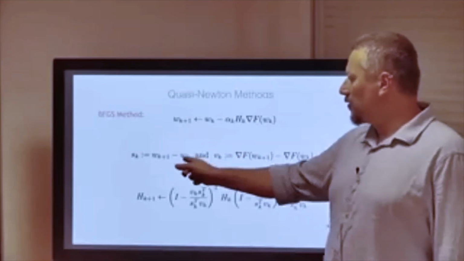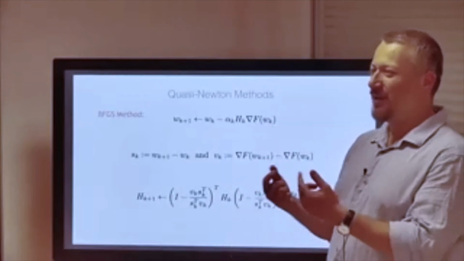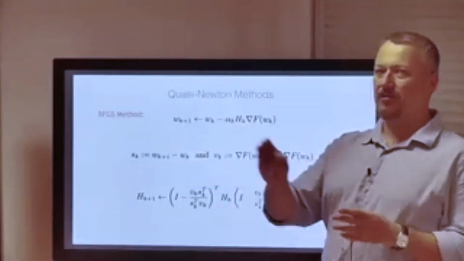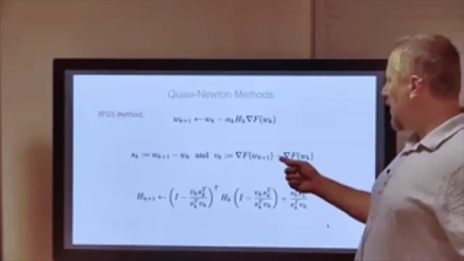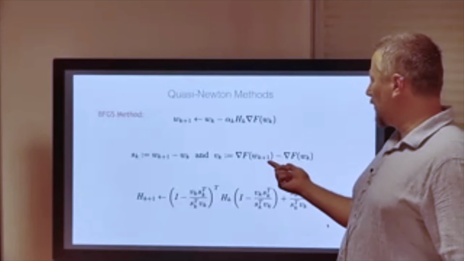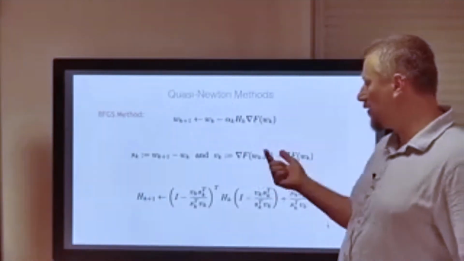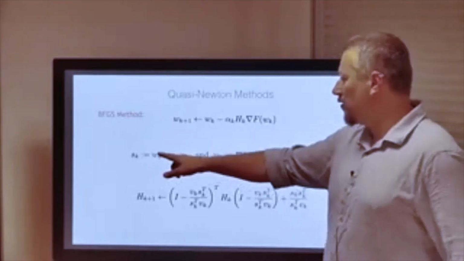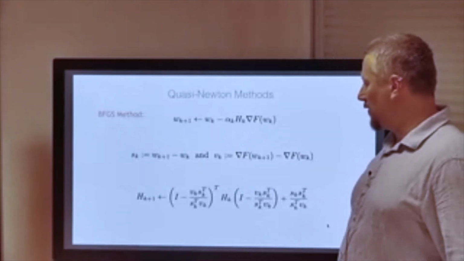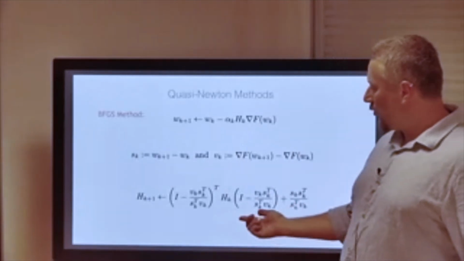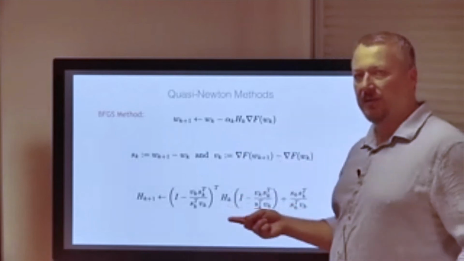At each step, when you take a step, you record the direction you moved and the length. You record the step you took in the previous step, and you record the differences between the gradients at the first point and the second point of that step. And so you store sk and vk from the previous iteration, and then use them to update your approximate inverse Hessian in each step.